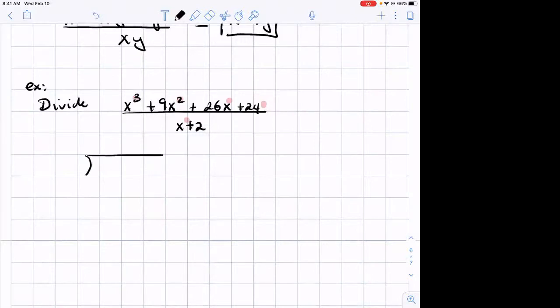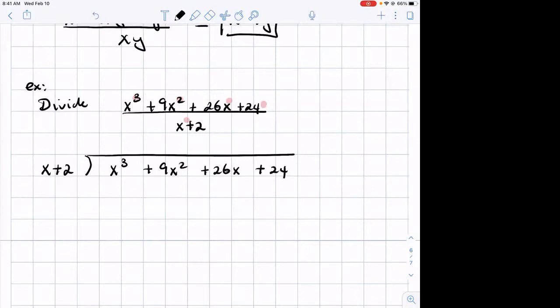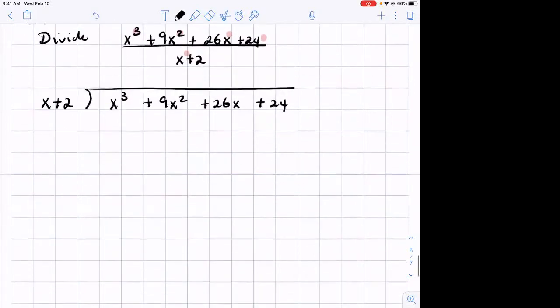X plus 2 and x cubed plus 9x squared plus 26x plus 24. So we do some scrap work.